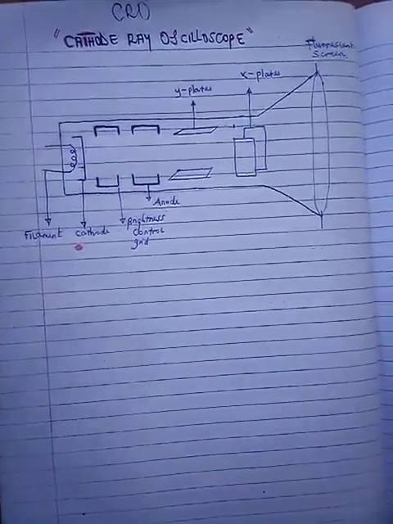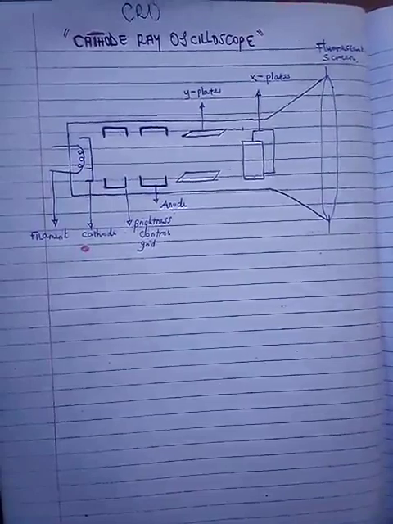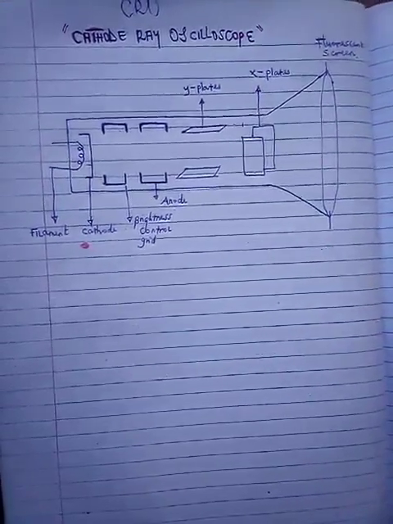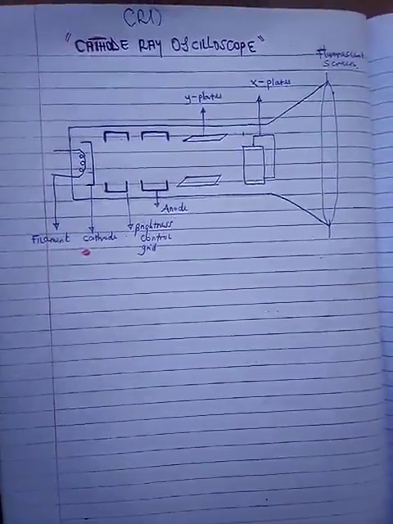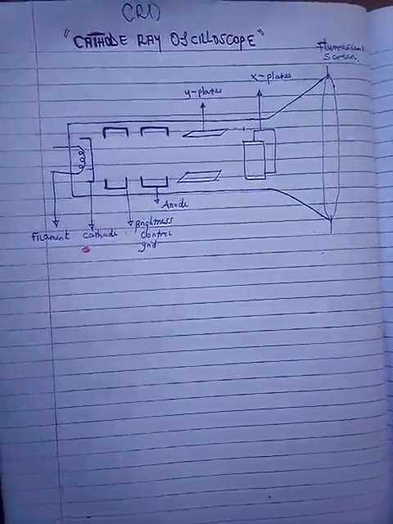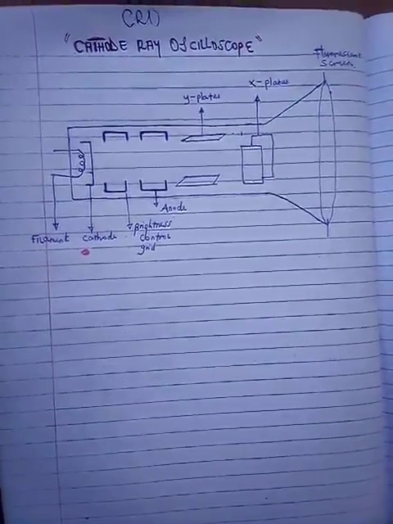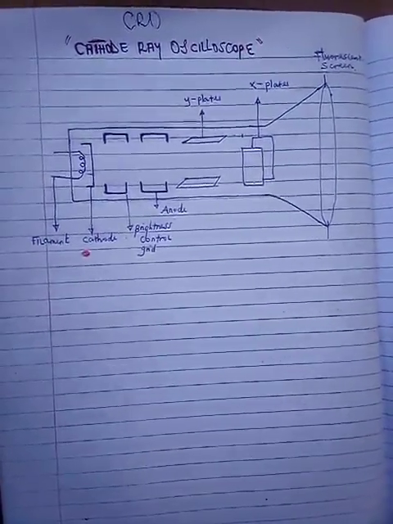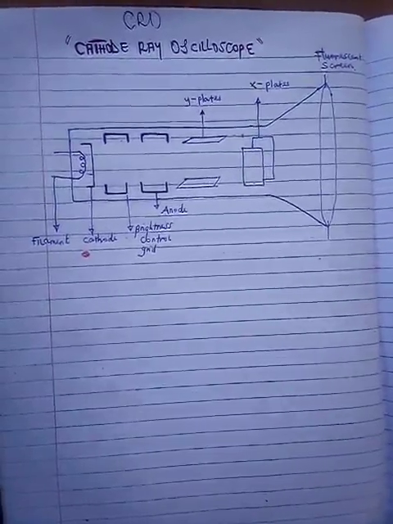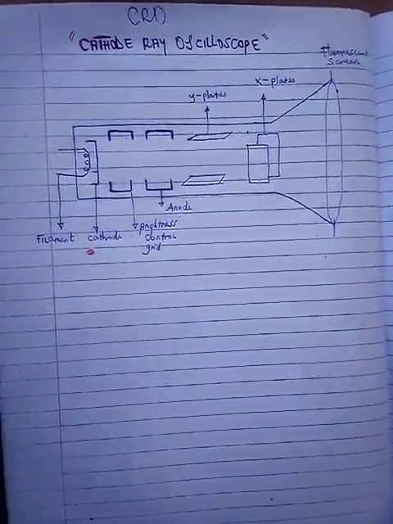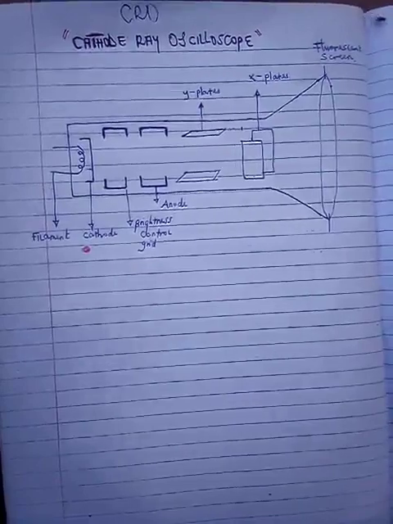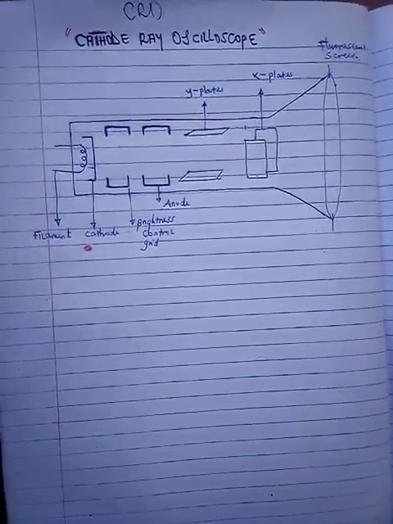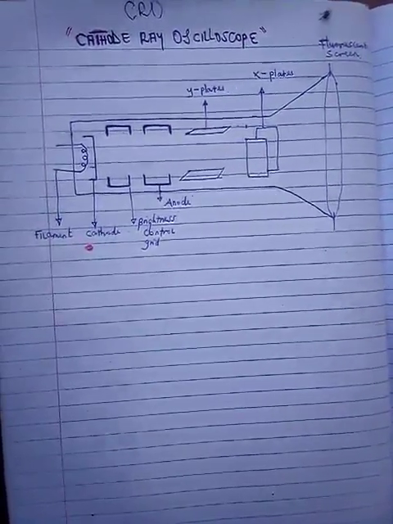Now, how can we give an introduction to it? Notice that the cathode ray oscilloscope involves what we call cathode rays. What are cathode rays?